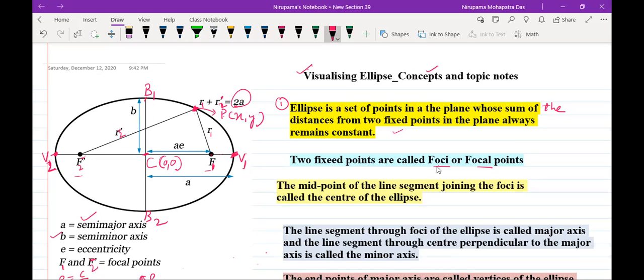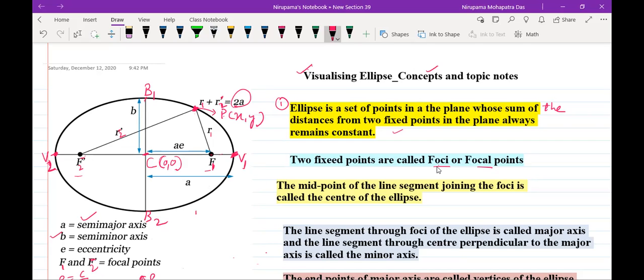The points at which the major axis and the ellipse meet are called vertices. V1 is one vertex, V2 is another vertex. So the ends of the major axis are called vertices.